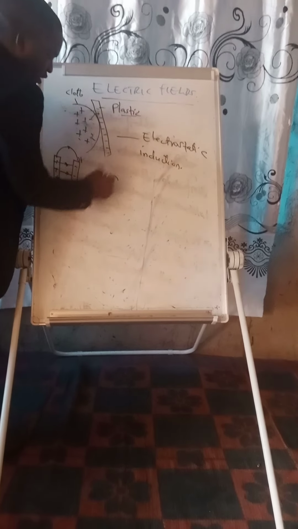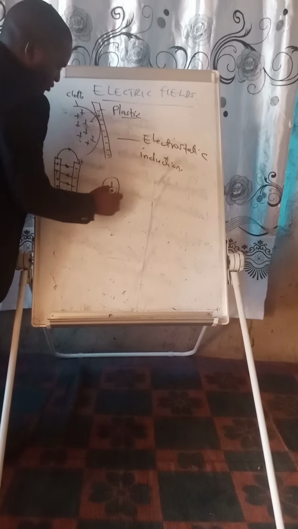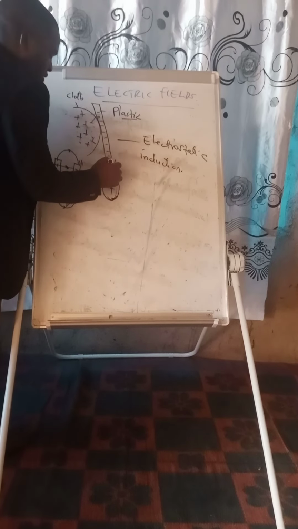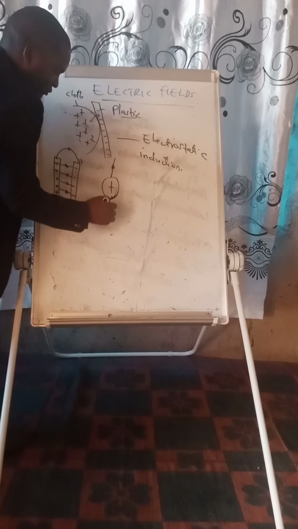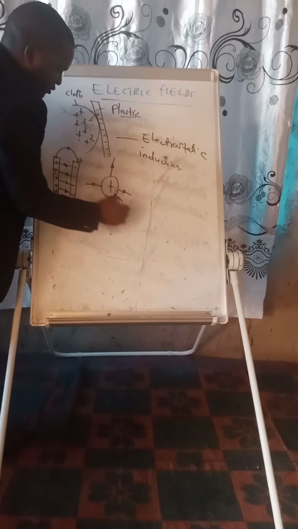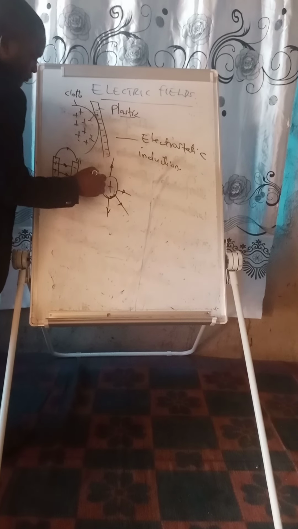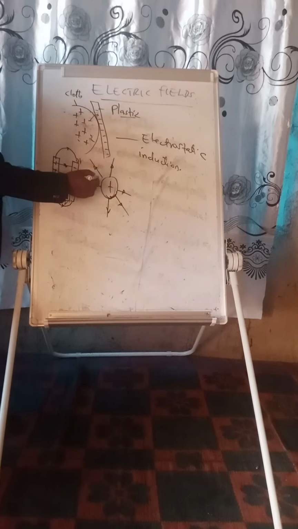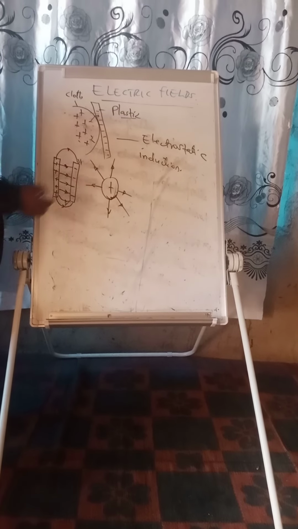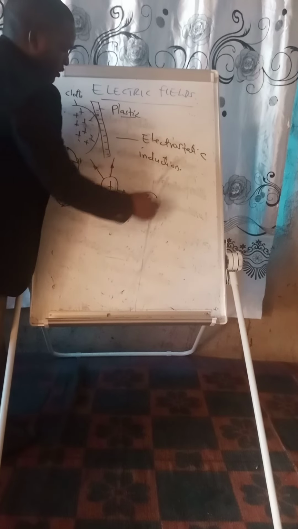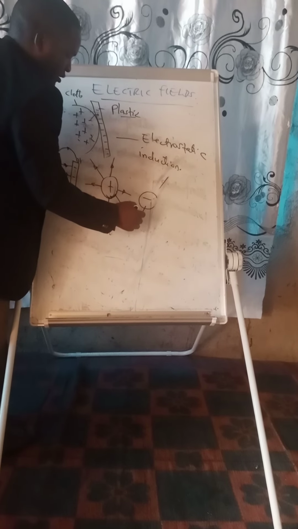Let us also see the repulsion for a positive charge. It will be like this. The arrows are going away from the positive. If it's a negative, the arrows are going inward.